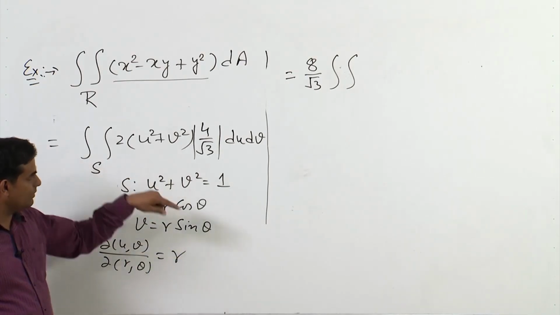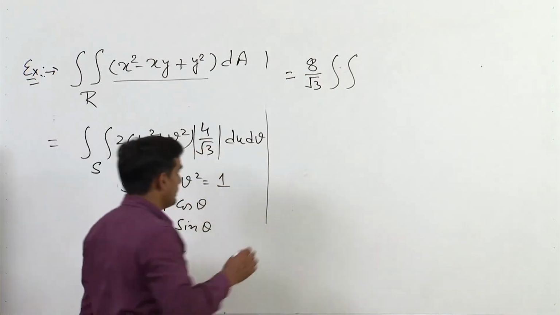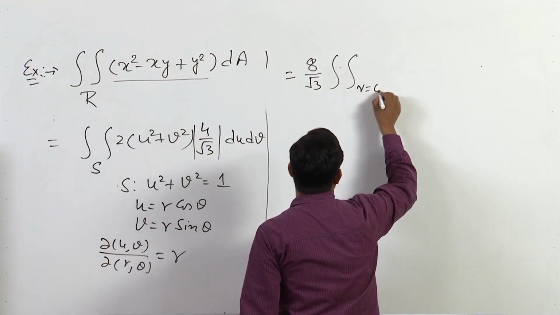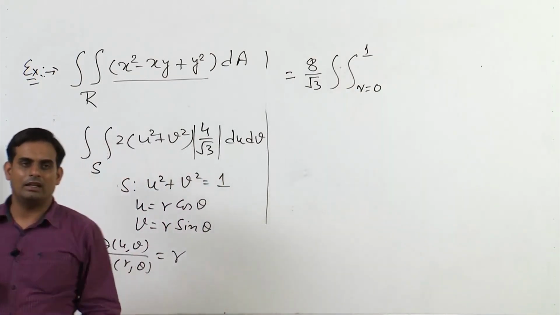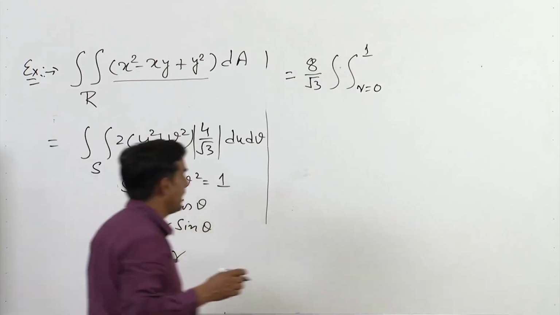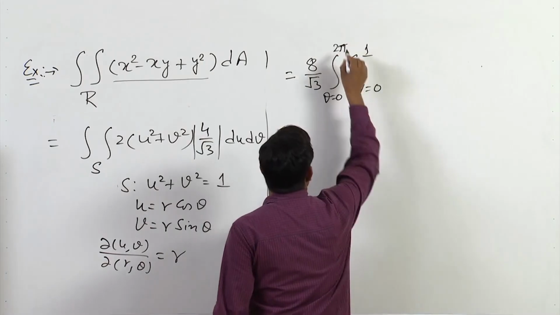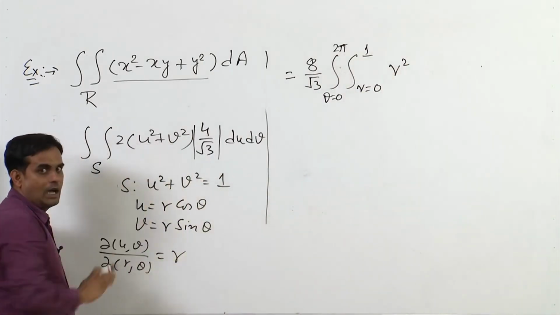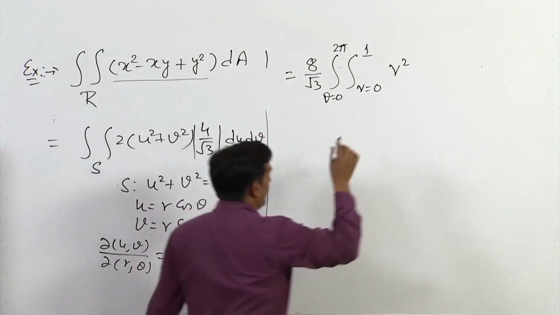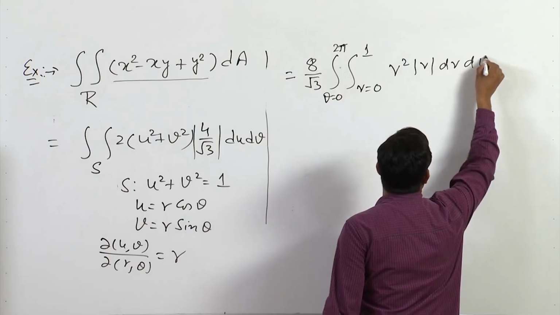So, it means du dv will be r dr d theta. It is a circle of unit radius, so r will go from 0 to 1 and theta will go from 0 to 2 pi. u square plus v square will become r square into r dr d theta.